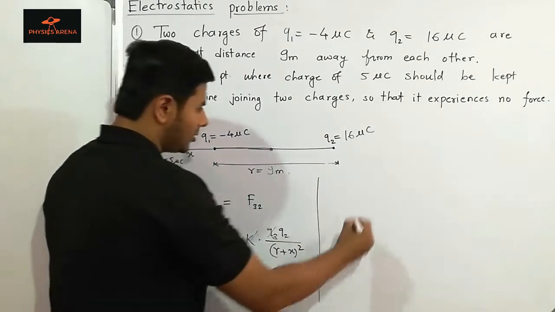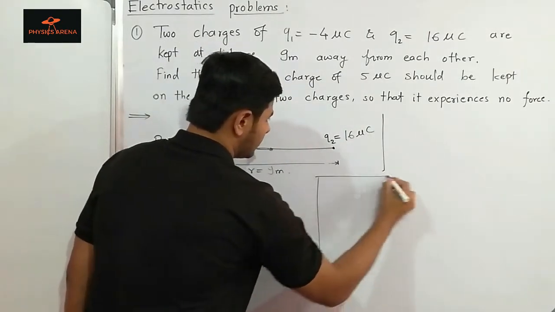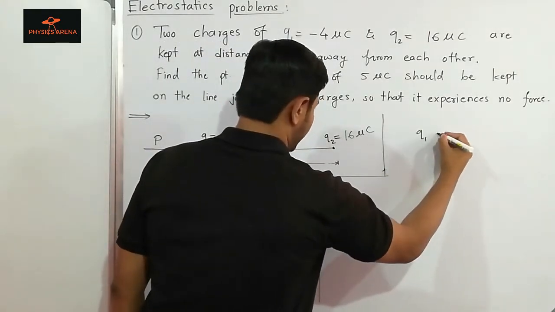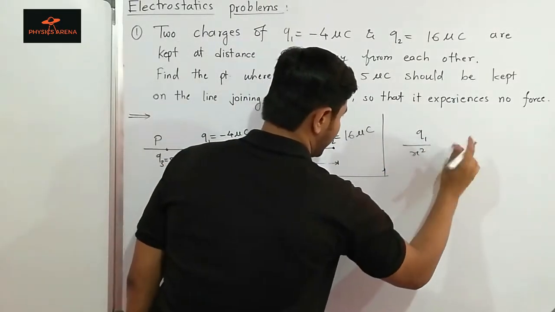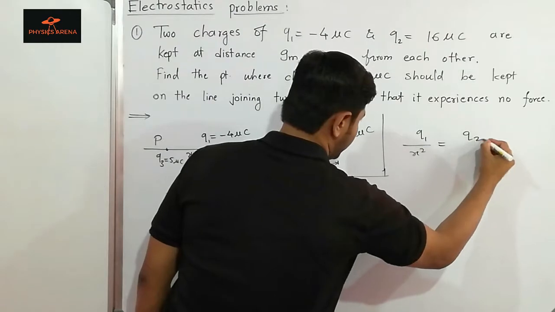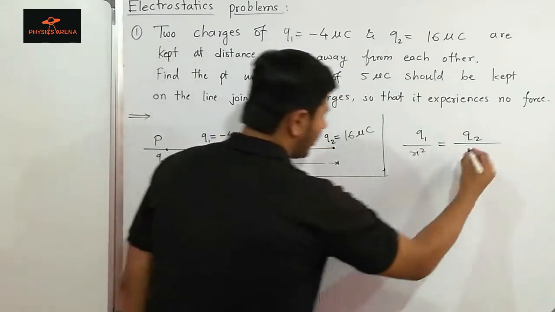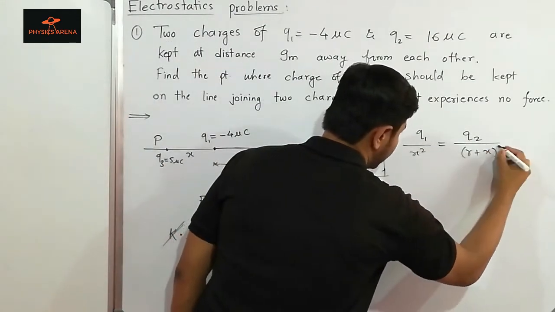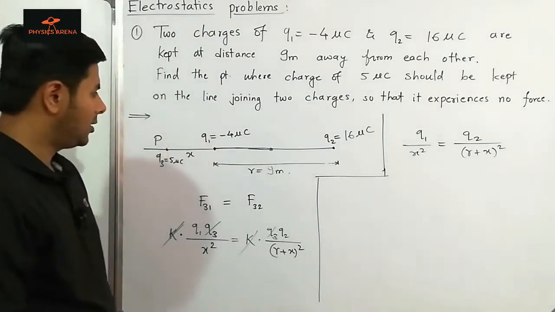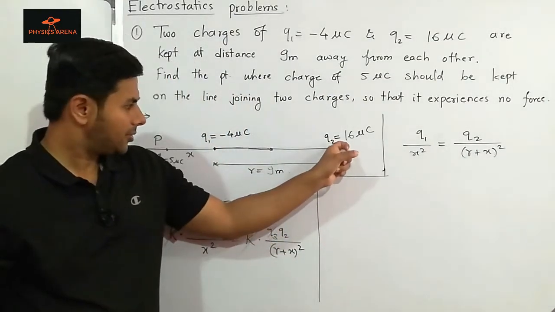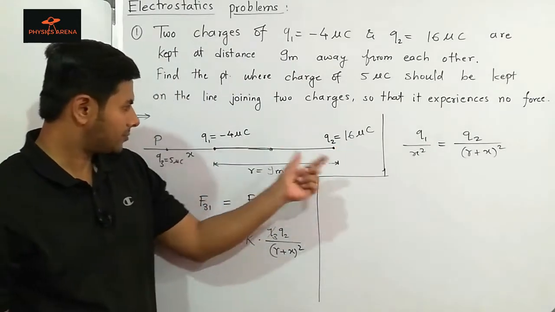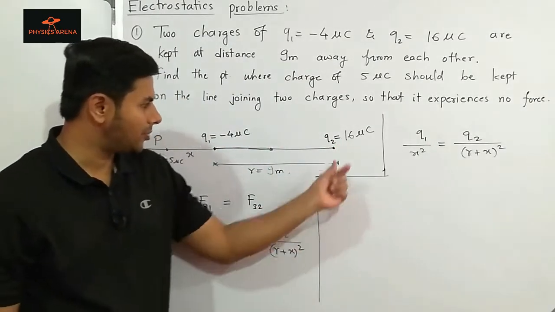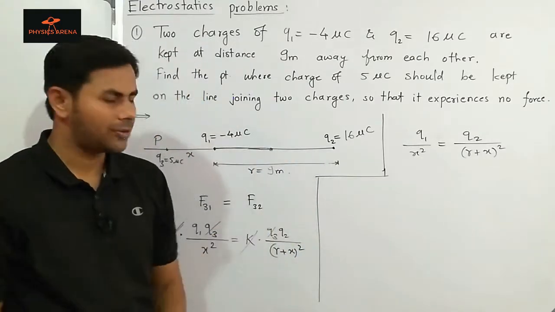So we have Q1 over x squared equals to Q2 divided by r plus x squared. And notice that the magnitude of Q2 is 4 times the magnitude of Q1.